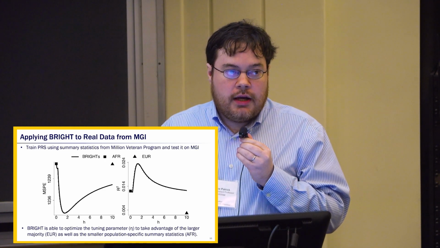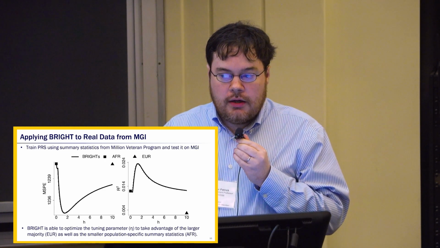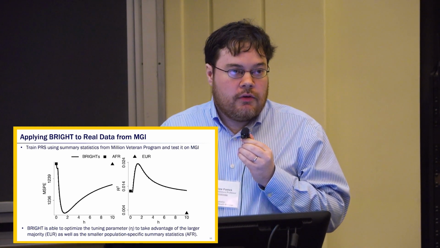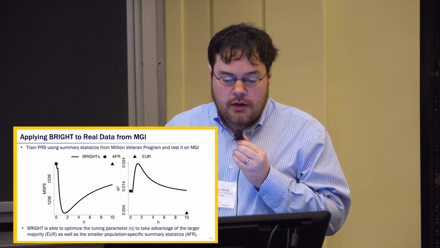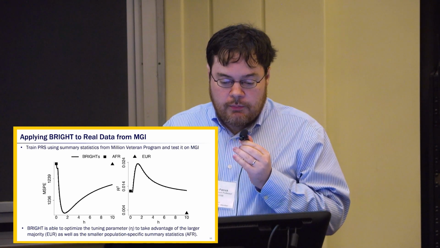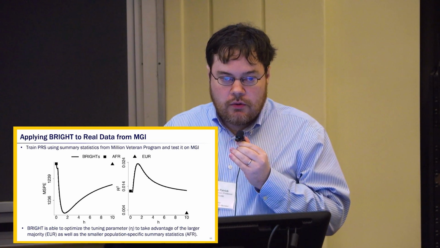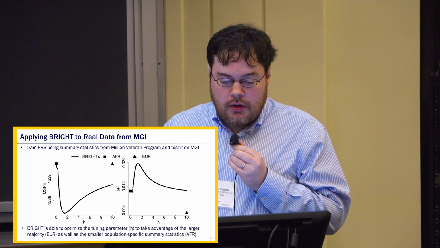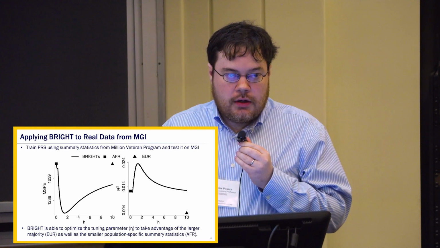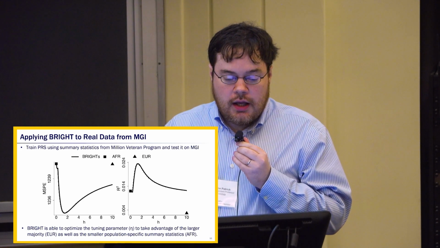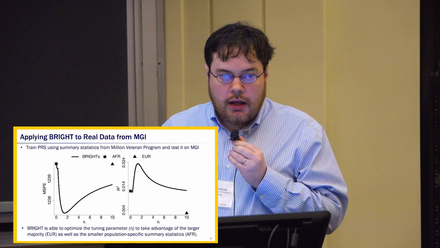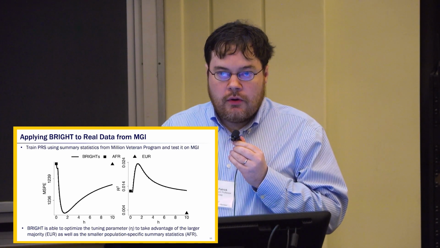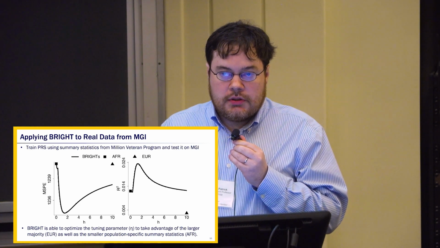You can see on the x-axis we can tweak the eta parameter to reduce the error in the prediction, measured using R squared or MSPE. We can find that there's a particular trade-off in eta which will help to reduce the error and perform better than using the African American or European summary statistics alone.